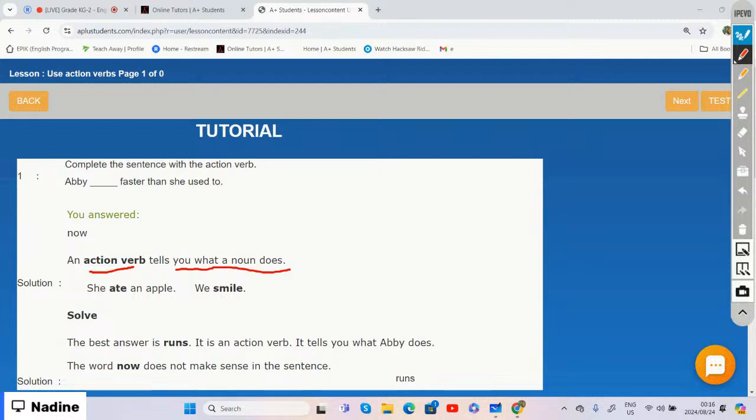We have smile. We have walk, stand, play, laugh, read, cry. When you ride, when you think, or when you jump. Those are all action verbs, right?